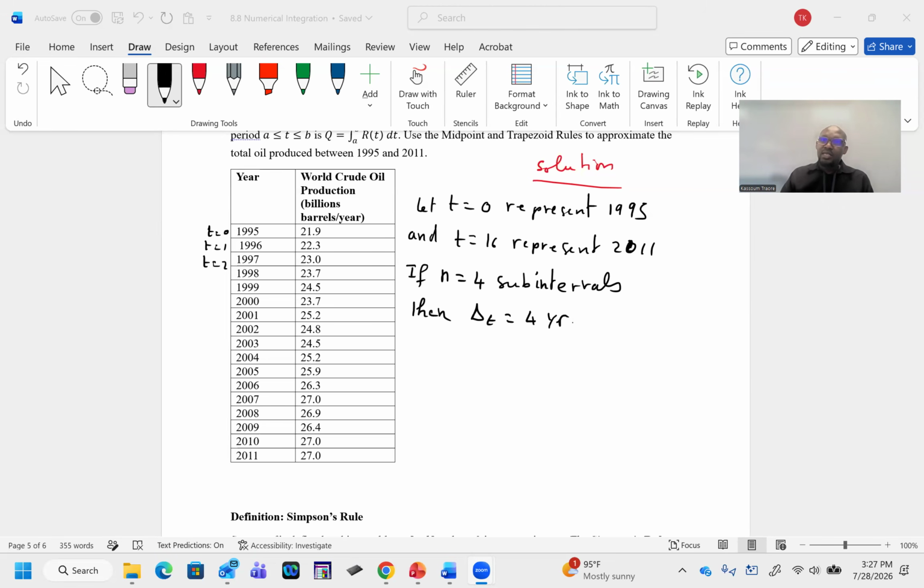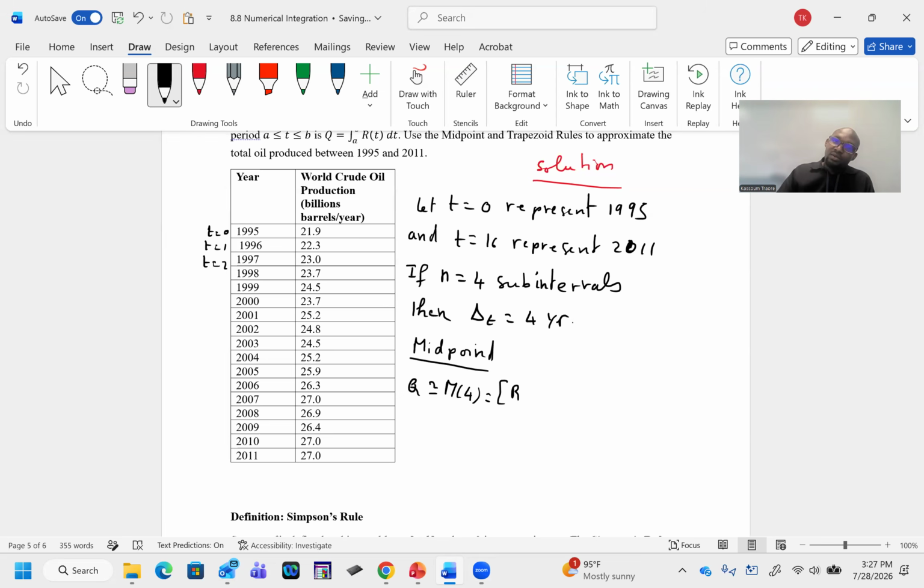So again, in this case, using the midpoint, Q will be approximately M of 4, which will be what?